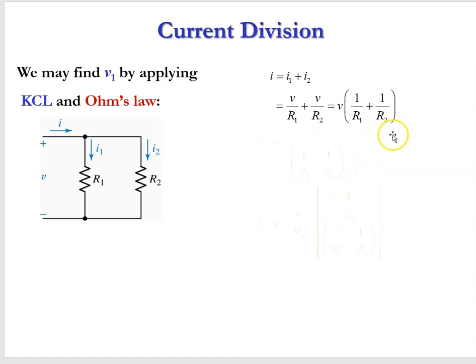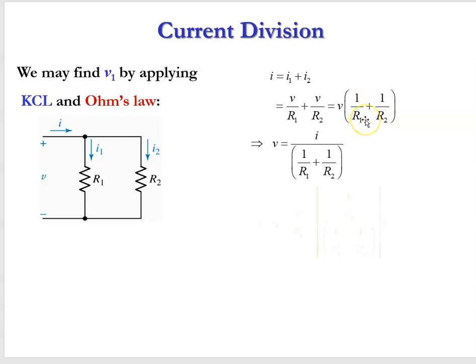This looks similar to the process we used when we were solving with voltage division. So that's written out there. Pull our common variable V, and then we can solve for V. So V then is equal to I divided by the sum of 1 over R1 plus 1 over R2.